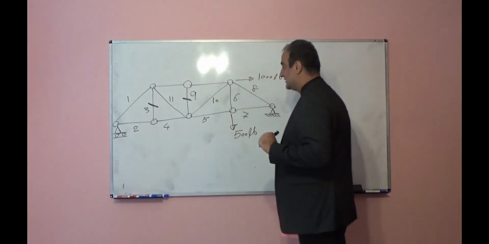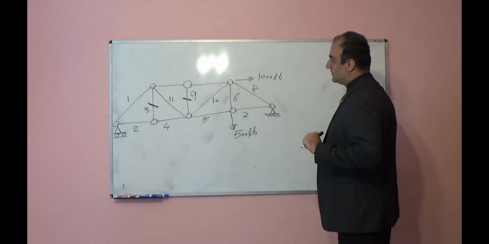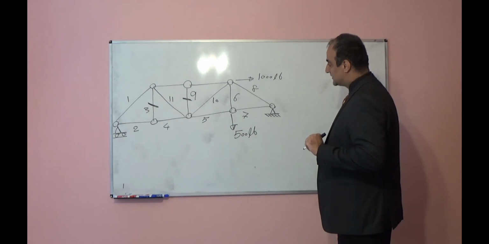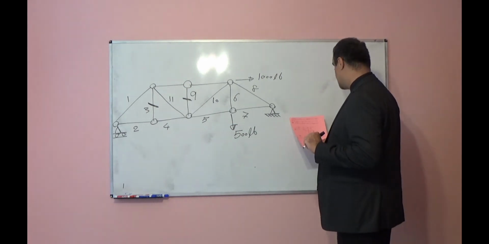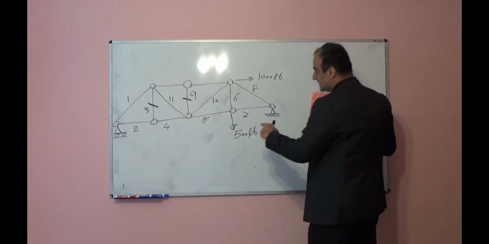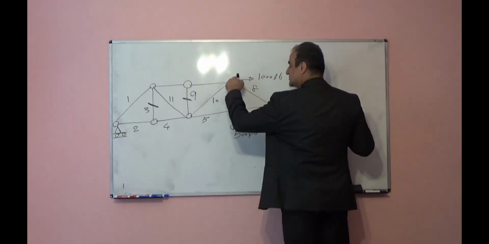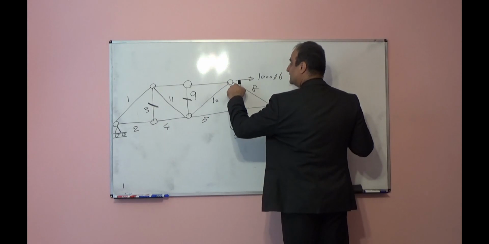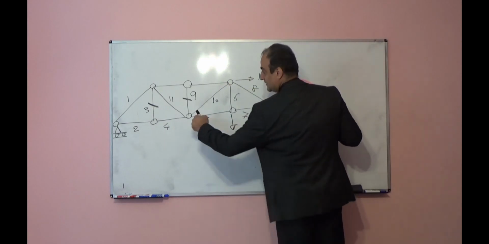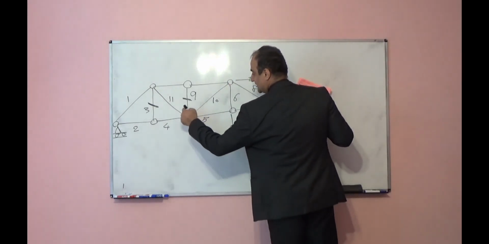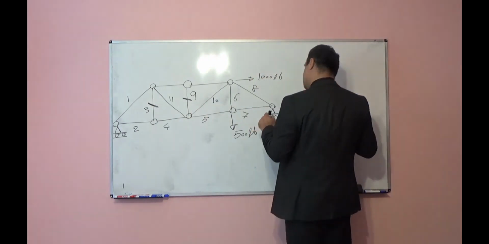Now, so member 3, member 9, let's look at this member. This joint, we have 1, 2, 3, 4, we cannot tell anything. This joint, 1, 2, 3, 4, 5, we cannot tell anything.